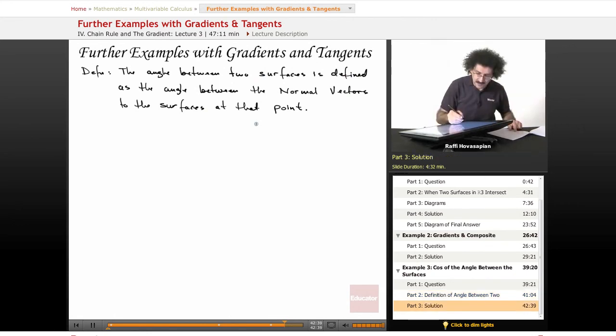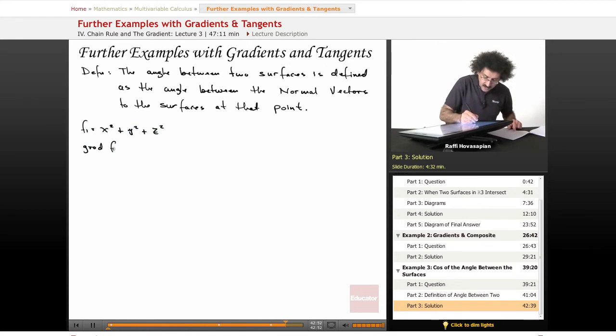Nice and easy. So f1 equals x squared plus y squared plus z squared. Now, the gradient of f1 equals 2x, 2y, 2z.